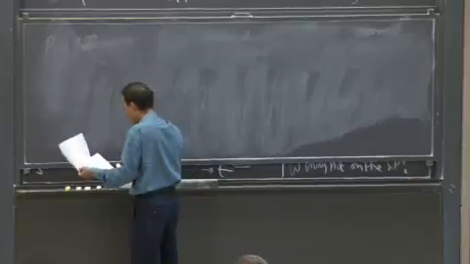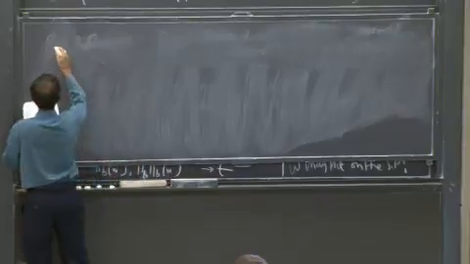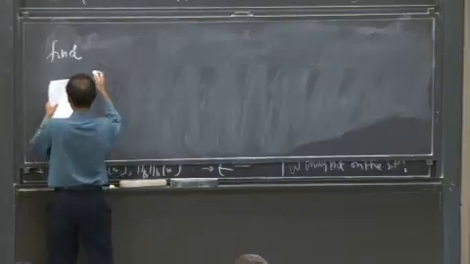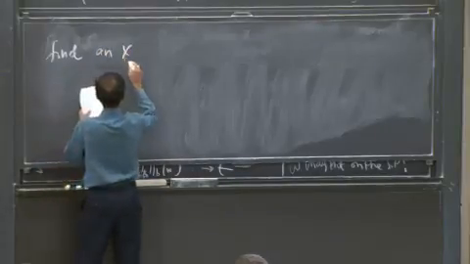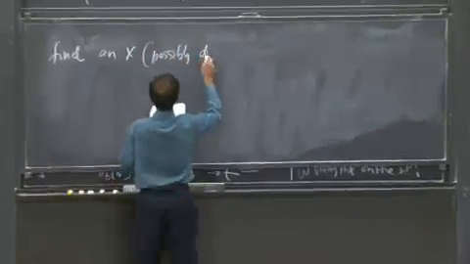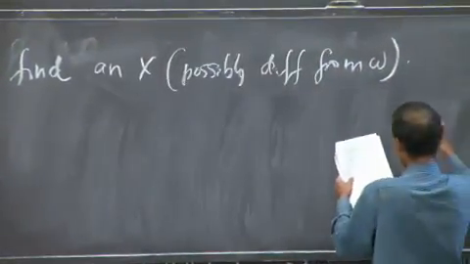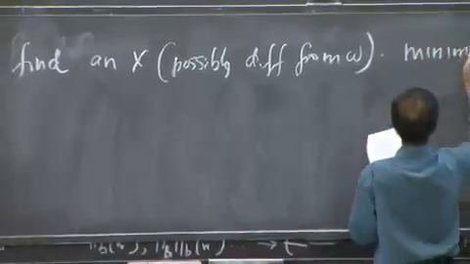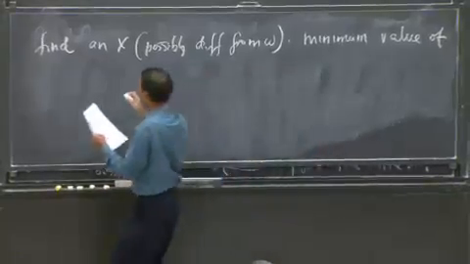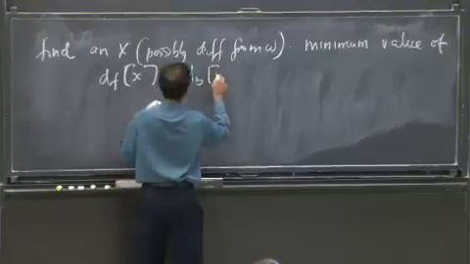And the work we have to do is summarized very neatly by saying we want to find an x, which is maybe different from w, possibly, that has minimum value of df of x plus db of x.